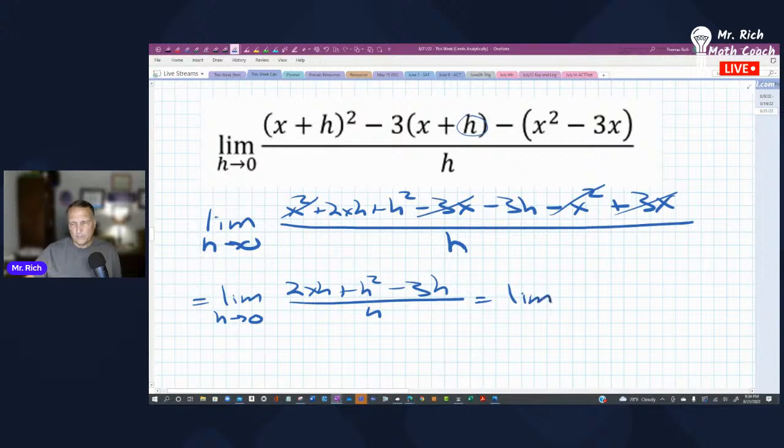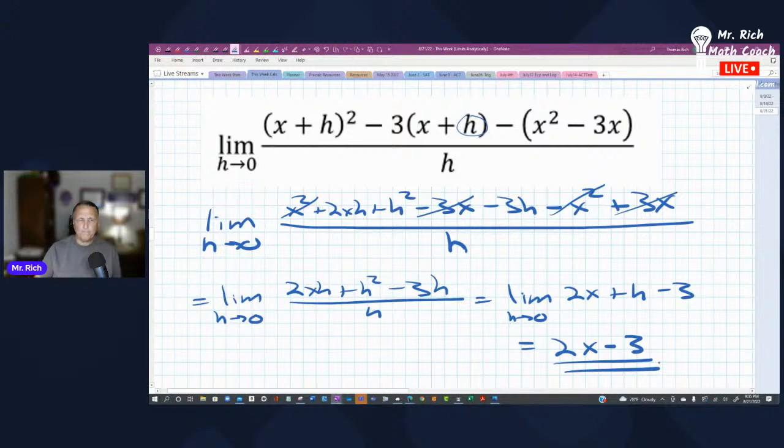So this becomes the limit as h goes to 0 of 2x plus h minus 3. Now, as h goes to 0, remember, it's h, it's not x. So that would mean that this is 2x minus 3. And that's the answer to this. The limit as h goes to 0 is not numeric in this case, right? It is a function, 2x minus 3.